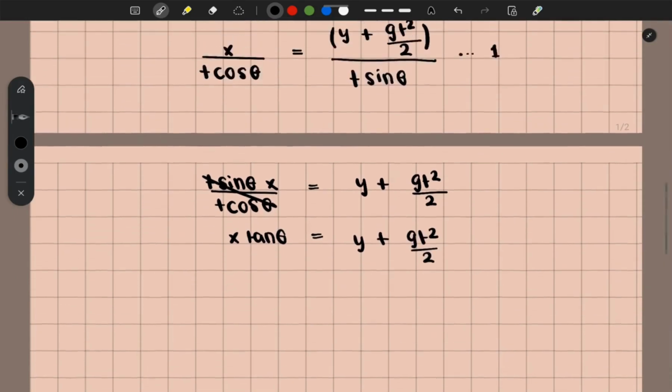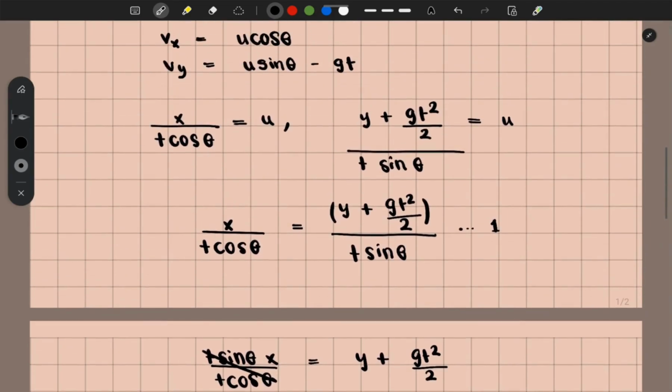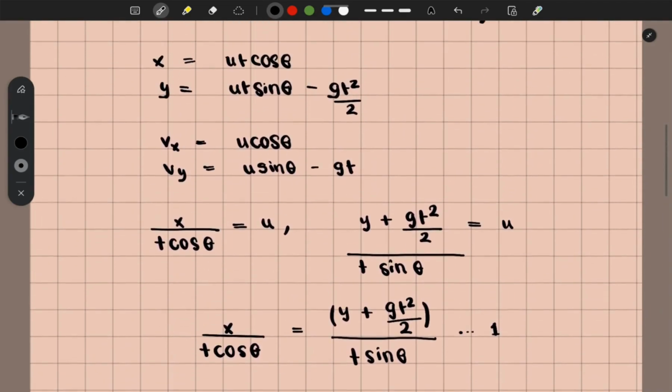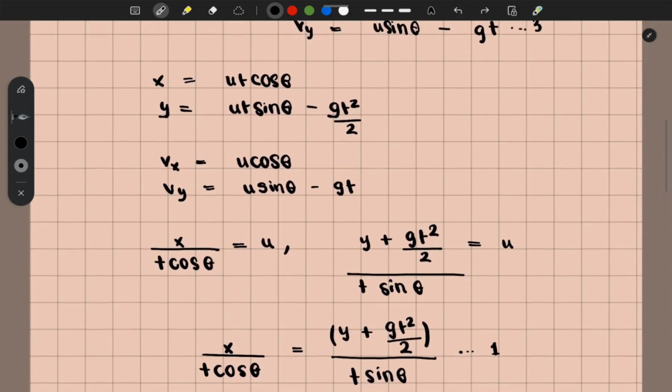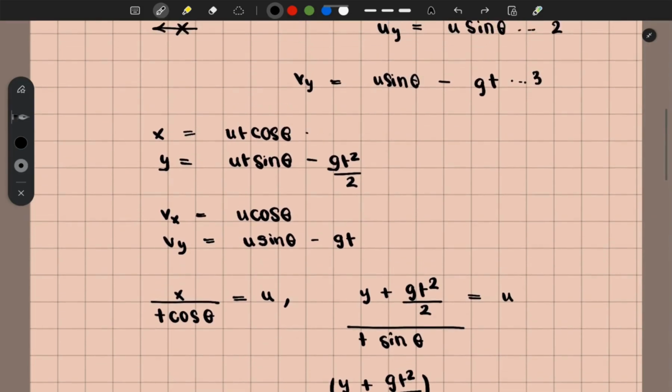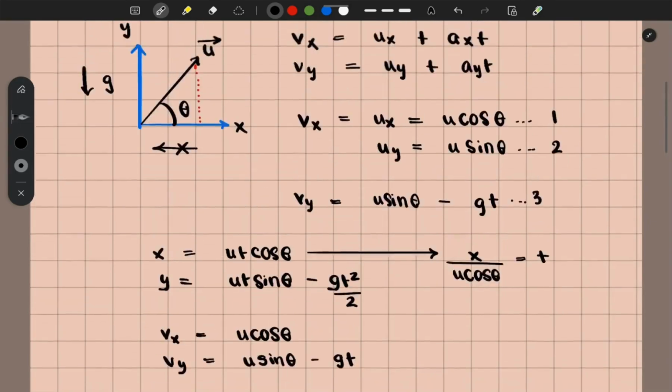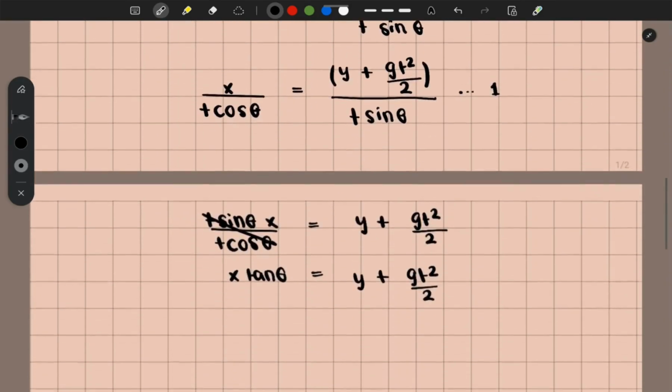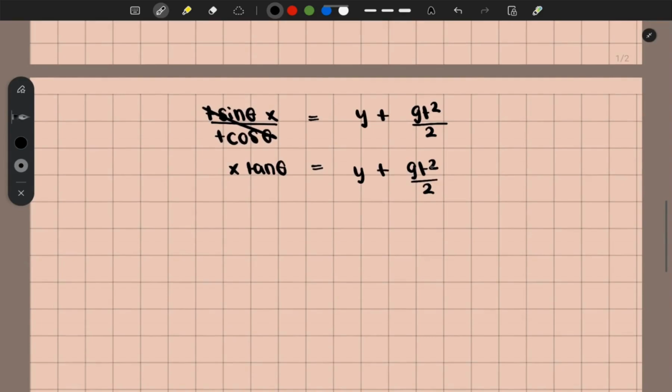Now if we go back up, we can see that in our equation over here we can simplify this to be x divided by u cosine theta equal to t. Now we can use that to remove the t square variable over here.